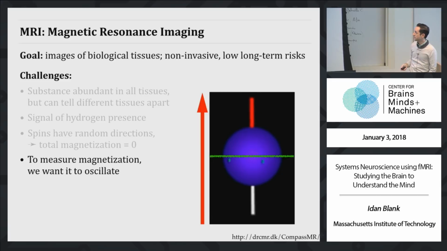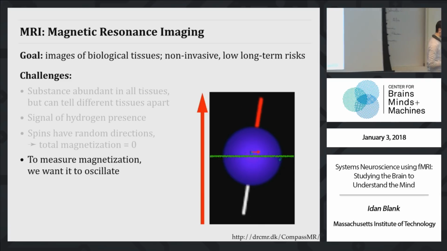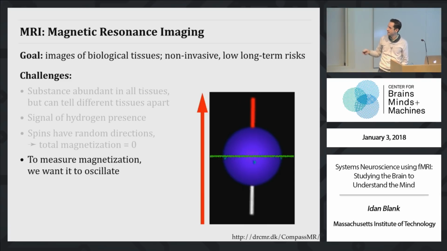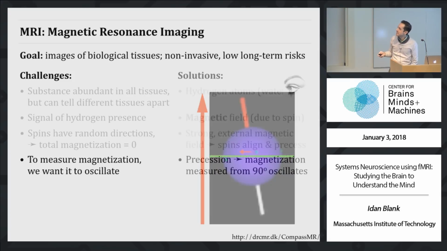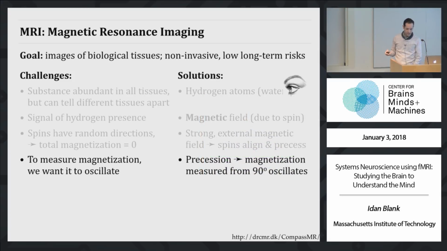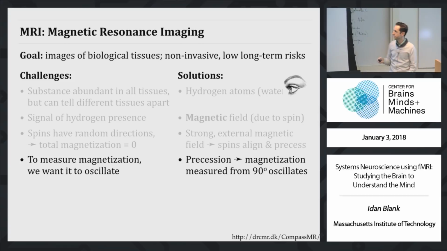And as the spin precesses, we get this oscillating magnetic field, and this is something that we can measure. It has a particular frequency, and we can have an antenna and measure that. All right. Does that make sense? OK. So the idea is that because of the precession, we can measure magnetization from 90 degrees, and that magnetization oscillates. All right.